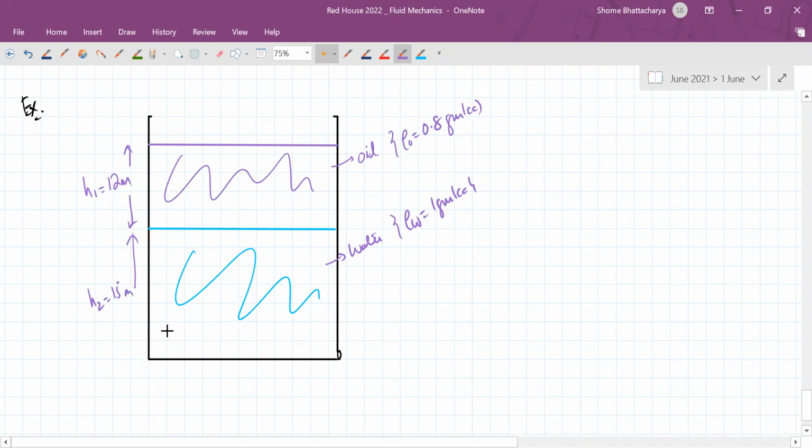We'll take g as 10 meters per second square. And there is an orifice over here, so water is gushing out. So we have to find the speed of efflux for water. So just try out this question.